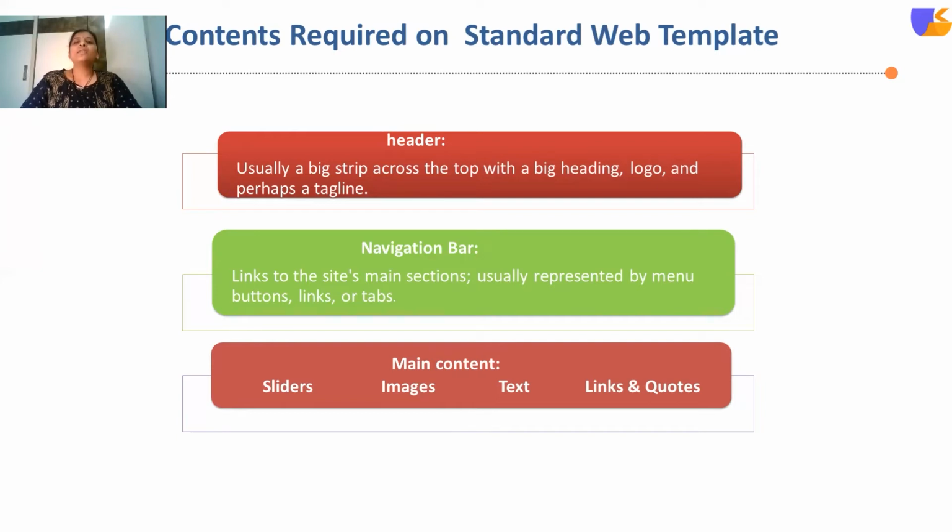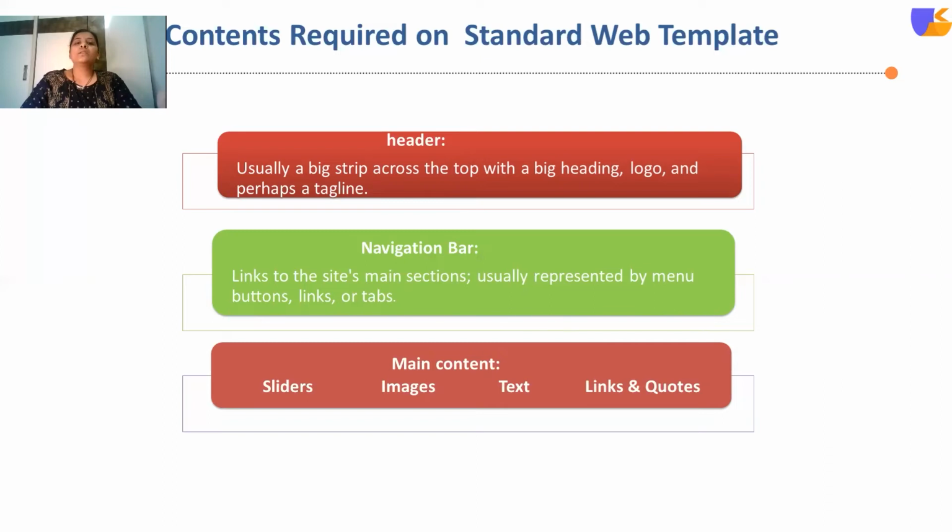The header part is a heading or logo or a particular tagline for your website. For example, if you think of Unikaksha, then Unikaksha's tagline is knowledge is power. Such taglines are there for every website.